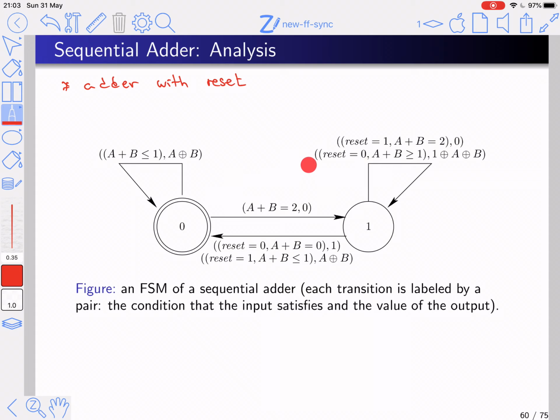And now the transition is, if a plus b equals 2, I actually do this transition. And if there is a reset and a plus b is less than or equal to 1, then I'm pretending that I'm here and I do this transition. And this is what you see over here. These 2 transitions apply to the case in which there's no reset, and I'll leave it as an exercise to think about them.